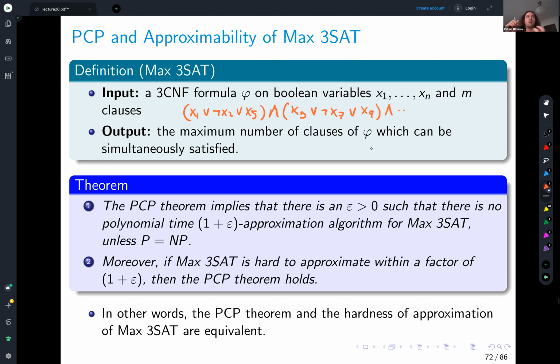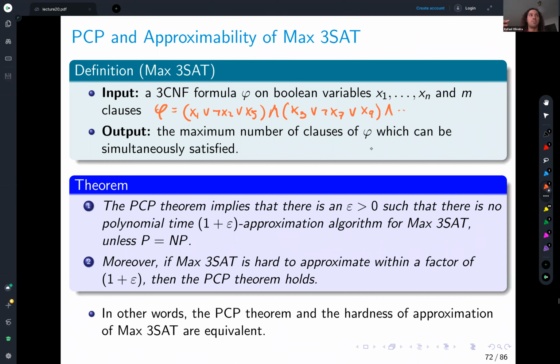So the input here is this 3CNF formula, and what we want to output is the maximum number of clauses of the formula which can be simultaneously satisfied. Okay, so this is Max 3-SAT.